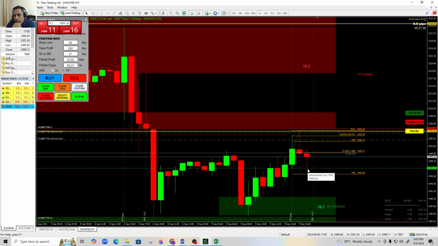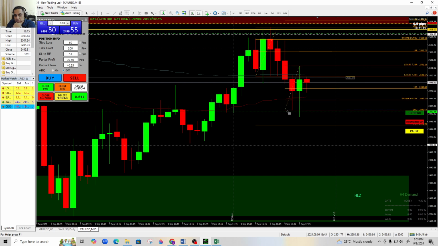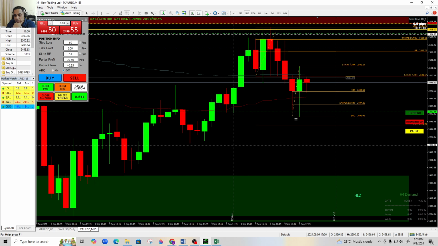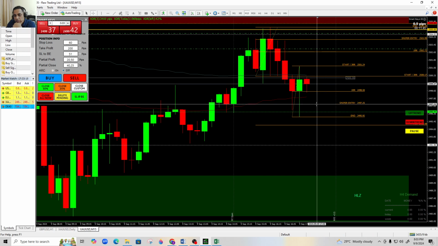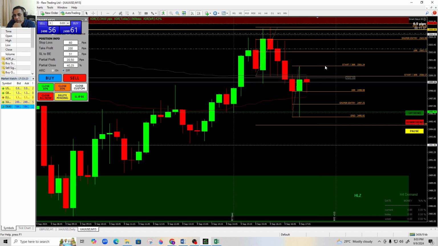So price did come there, did react. And if you go on M15, price did react to it, right? And I could say, okay, that's here. I could take a trade here, right, with a 13 pip stop loss again. Take a trade here.